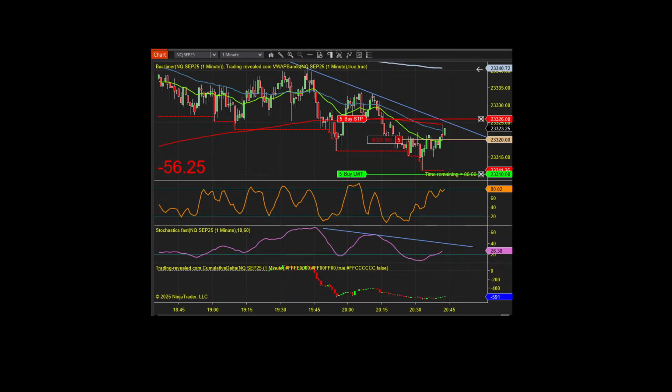Sorry, 700, 800. Yeah, it's going to pop up there. I did pull it in a little bit. It's not 10 points where I typically put it. I was just trying to save a few ticks, so we're at 7 points, and the target's 10.